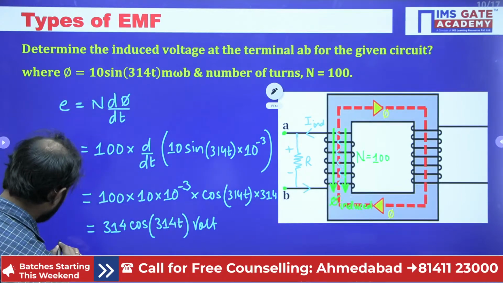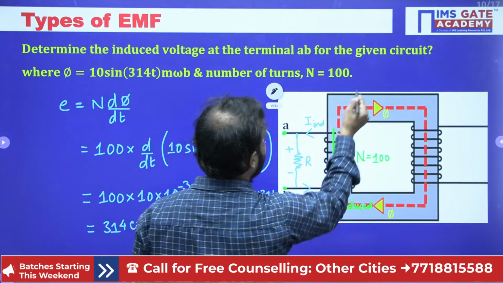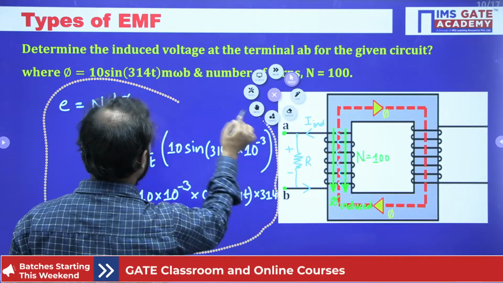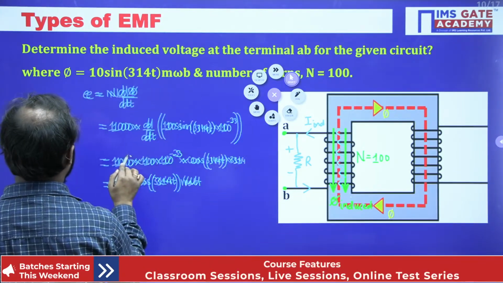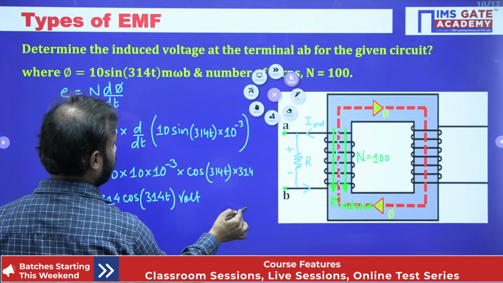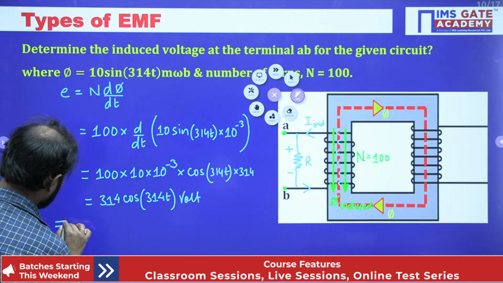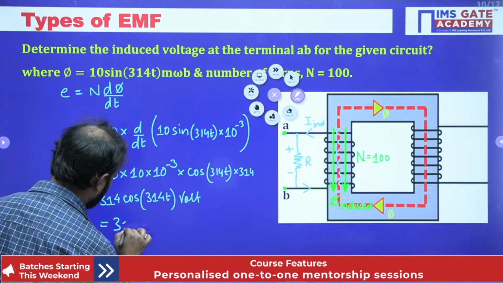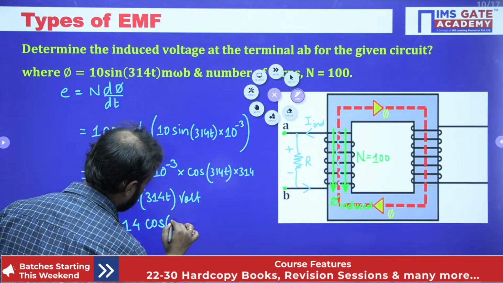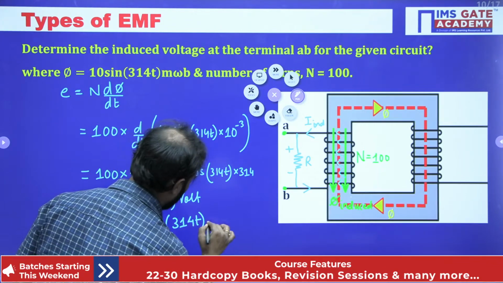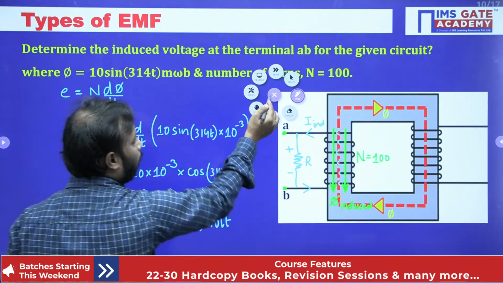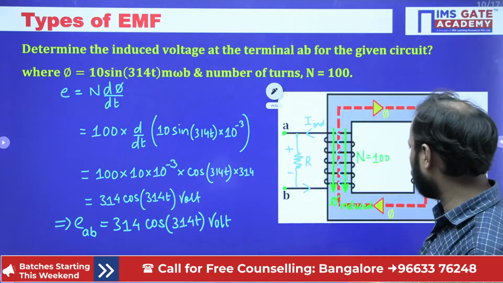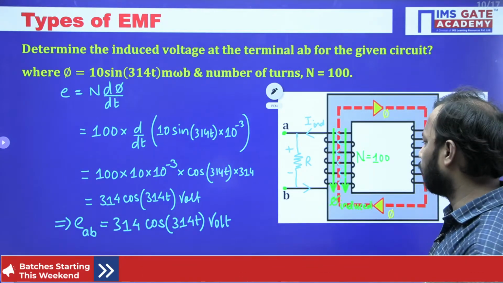So this implies EAB, where A is positive terminal and B is negative terminal, is equal to 314 cos 314t volt. Alright, so in this way you are going to learn the transformer, which is the basics. You just need to use the Faraday's laws and the Lenz's law.